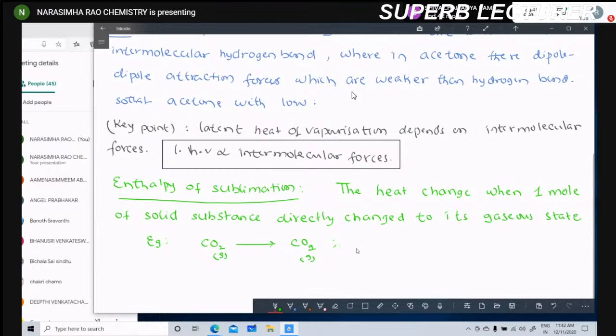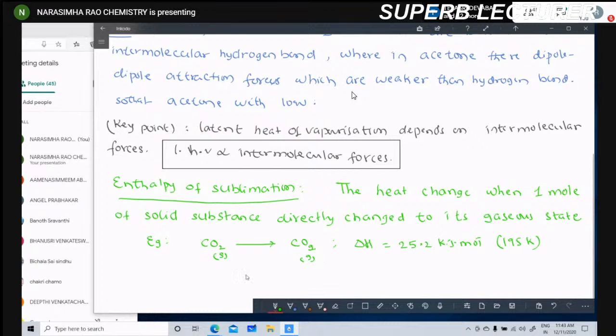Delta H for this process is just 25.2 kilojoules per mole at 195 K. Why? Because at this temperature it is in a solid state. At room temperature, CO2 is in a gaseous state. That's why it cannot be expressed in terms of standard conditions.